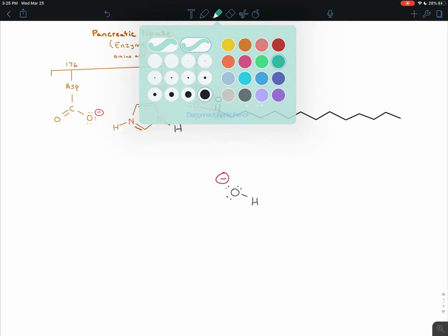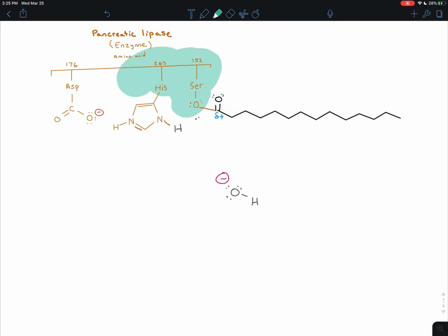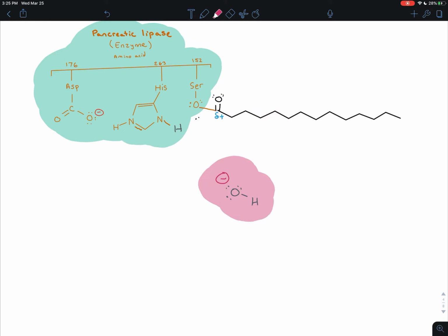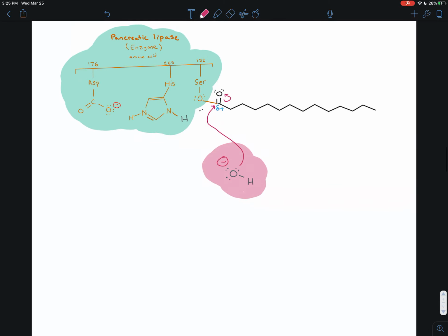Okay, now, remember conceptually, the enzyme is now the leaving group in this nucleophilic acyl substitution reaction, and the hydroxide ion is going to be our nucleophile. So the nucleophile will swoop in, attack the carbonyl carbon, the weakest bond, that's the pi bond, breaks, and the electrons go onto the oxygen above that.